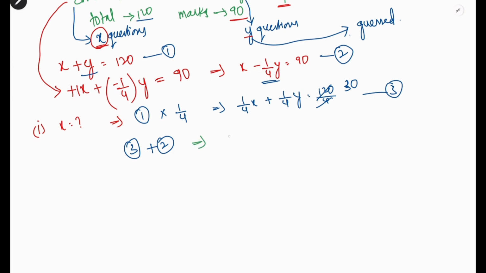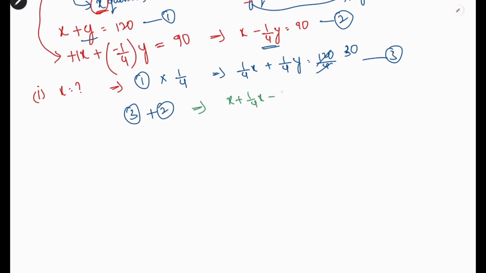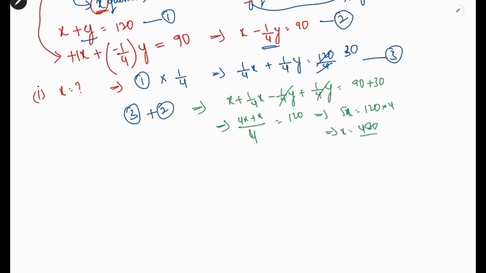If we add these two equations, we get x plus 1/4 x, and minus 1/4 y plus 1/4 y, is equal to 90 plus 30. Minus 1/4 y plus 1/4 y gets cancelled. Taking the LCM, 4x plus x is equal to 120, so 5x is equal to 120 into 4. x is equal to 480 divided by 5, which is 96.